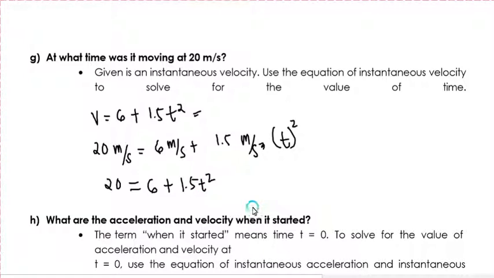Okay, so manipulating our equation, we will come up with the answer, which is t is equal to 3.055 seconds. Okay, so that is for the values of our instantaneous velocity.